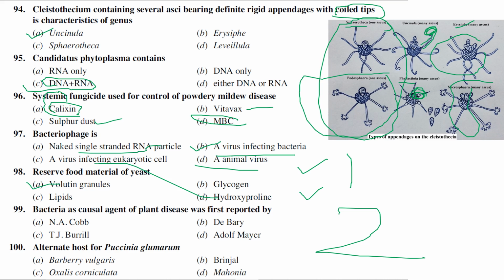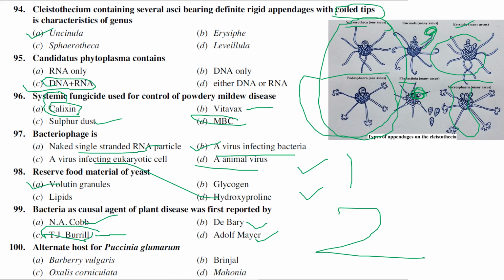The next one: the bacterial causal agent of a plant disease was first reported by Cobb, De Bary, Mayer, Burrill. Cobb is a nematologist, Anton de Bary, we know, father of plant pathology, Adolf Mayer is a virologist. But Burrill, T.J. Burrill, is the first one who reported the first plant bacterial disease, fire blight of apple, caused by Erwinia amylovora.